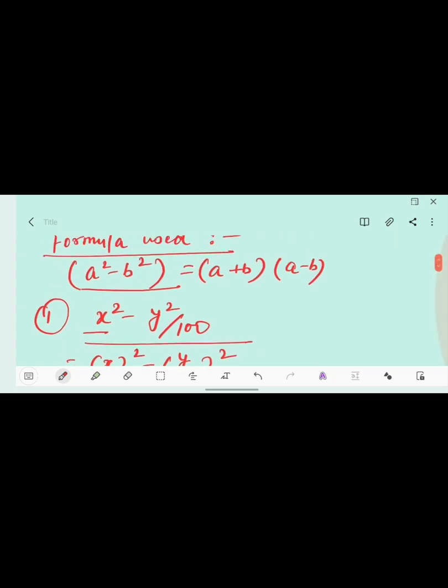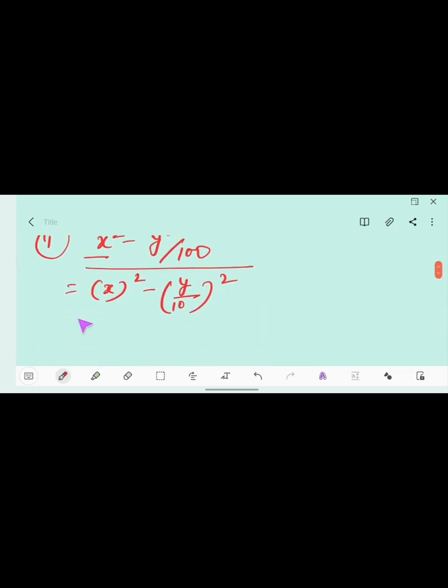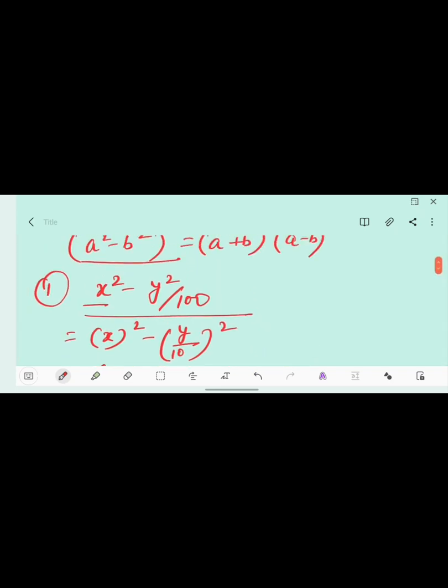Now you have got the format of a square minus b square. Simply expand it: (x plus y by 10) and (x minus y by 10). This is your final answer to the question x square minus y square by 100. So in this particular factorization, the formula used is a square minus b square.